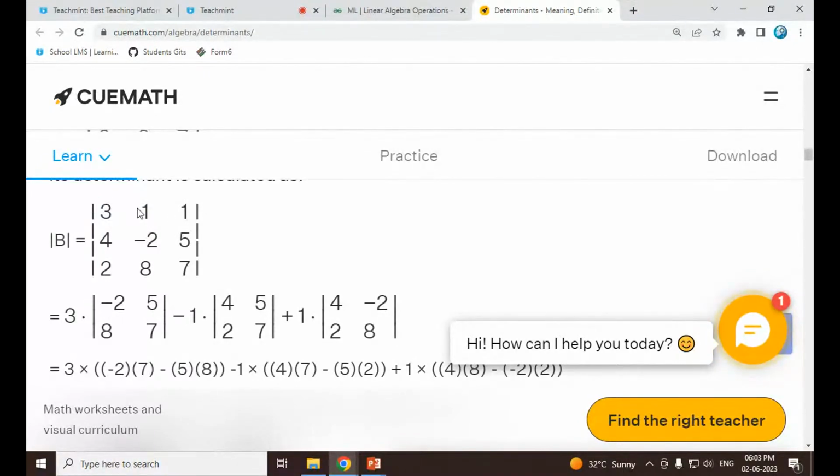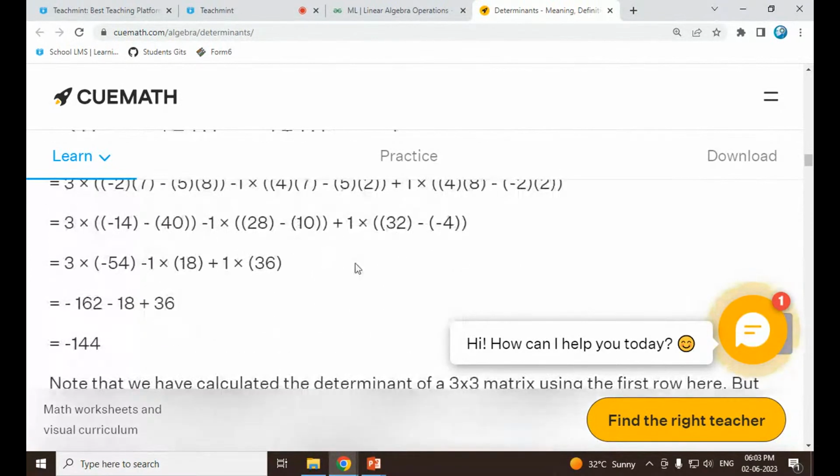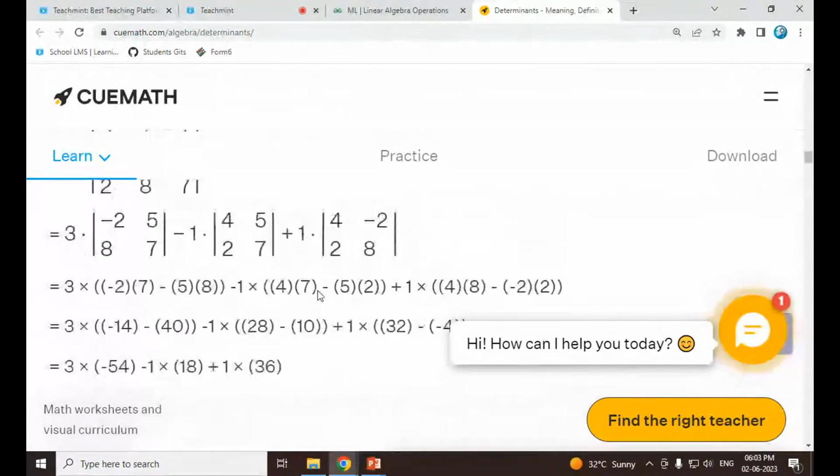If I consider 3, I ignore its row and its column, and only the remaining elements are considered. That is the determinant.